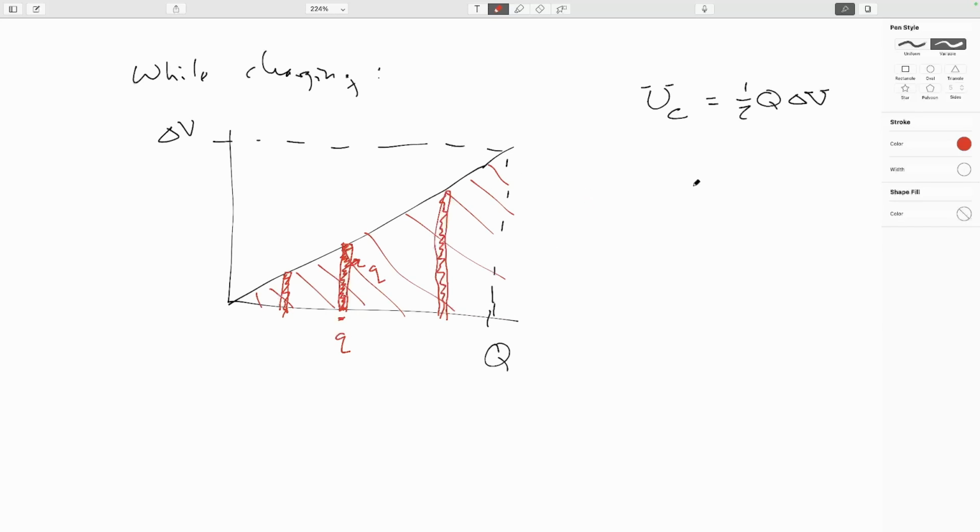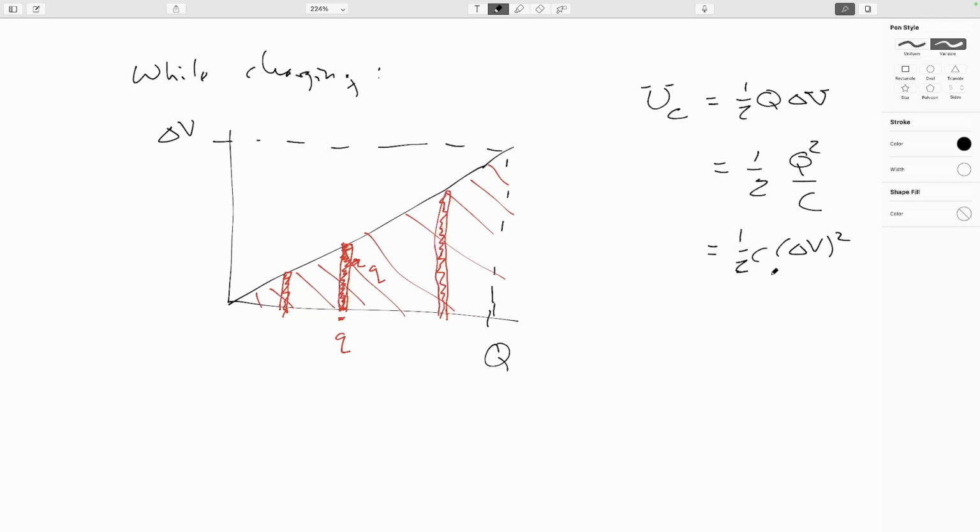And so you can also say it that way, that the energy stored will be 1/2 Q delta V. By definition of capacitance, you can rewrite this as 1/2 Q squared over C and 1/2 C delta V squared. And I find all of these expressions to be roughly equally useful.